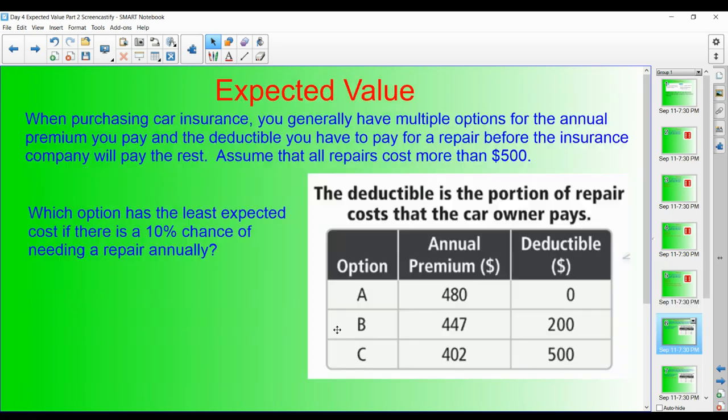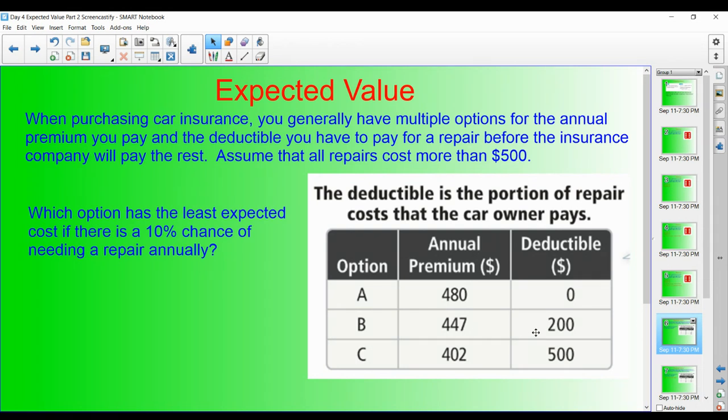Now, some of you are going to have to start thinking about car insurance. With car insurance, you have multiple options for the annual premium and the deductible. A deductible is the first amount of money you pay if you get in an accident and you have to repair it. For example, in option B, you pay $447 per year.